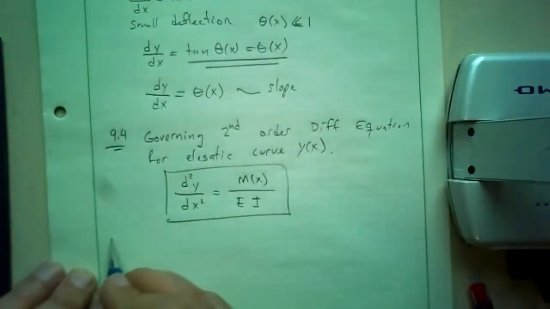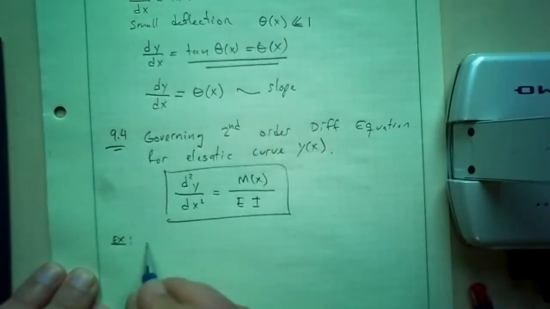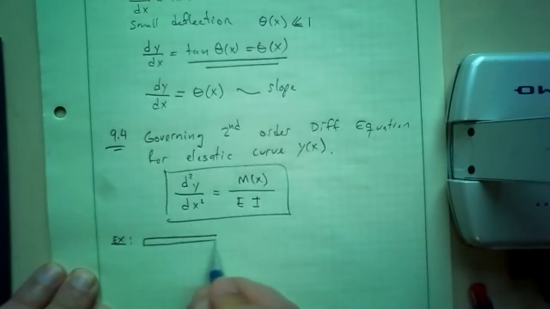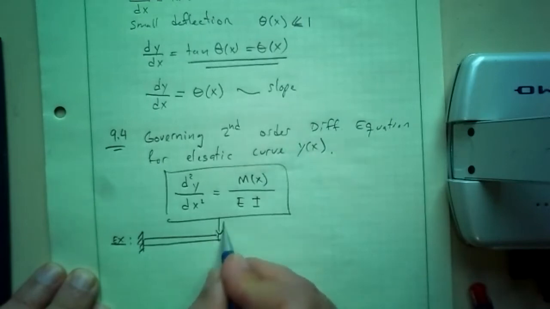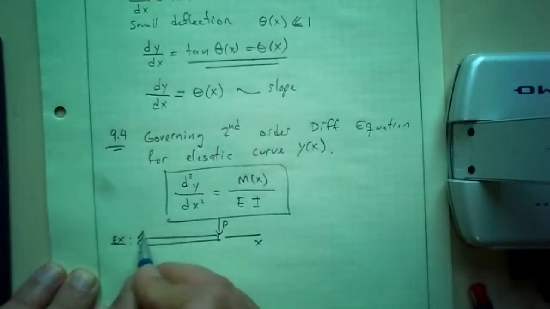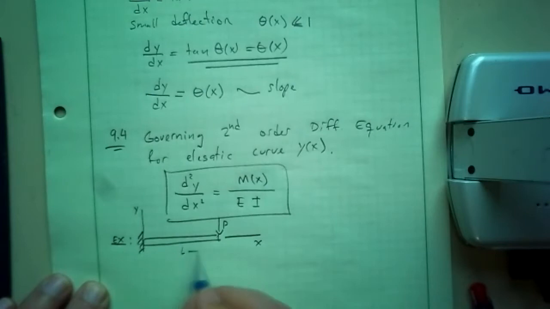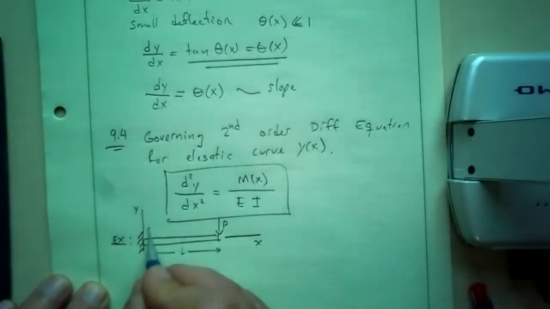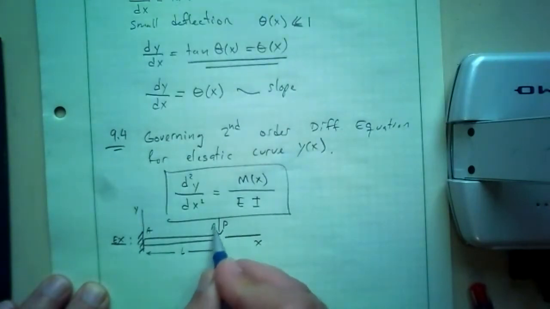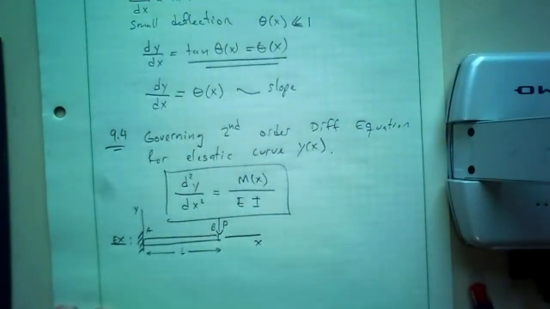So let's talk about a problem like this. We have a cantilever beam with the end load P. This is X, this is Y, and this has some length L. This point is A, this is B, so this is beam AB.